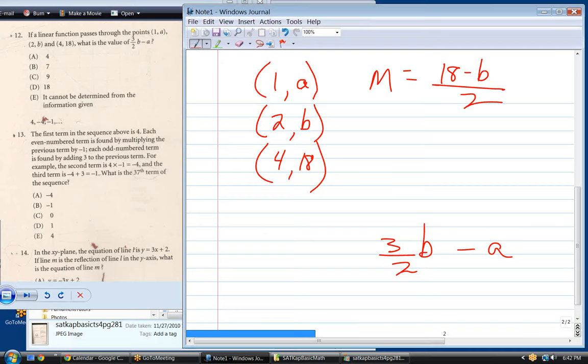So then, what else is the slope? The same slope is 18 minus a all over 3. And the same slope is b minus a all over 1. So we now have 3 equations where m is the same in all 3.